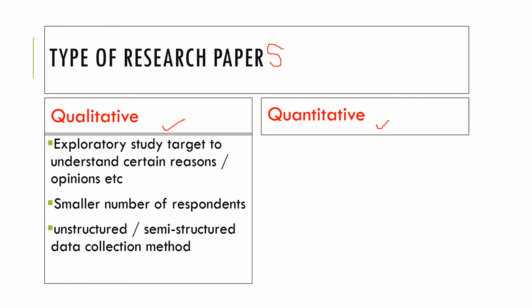And the way you collect your data, we can say it is an unstructured or semi-structured data collection method. So what is unstructured or semi-structured? For example, one common method would be an interview. When it comes to an interview, I'm sure you have your own set of questions.